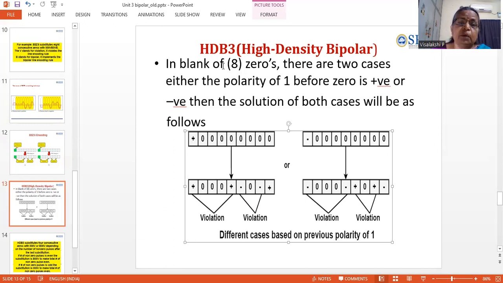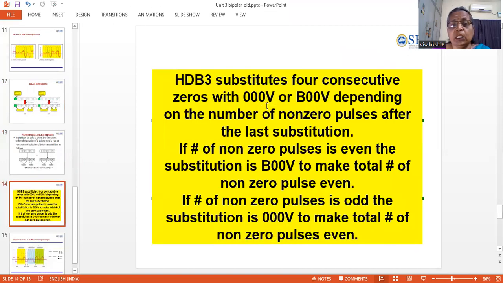Because different encoding techniques use different patterns. As we saw in the bipolar technique, that is B8ZS, here we have a different technique, that is 000V or B00V, where the same meaning applies. V is used for violation and B is used for bipolar.